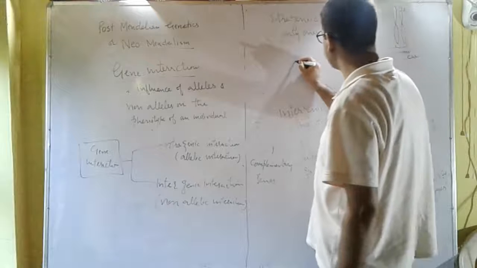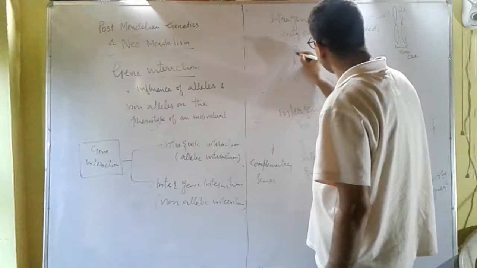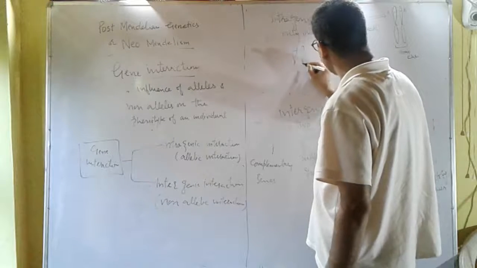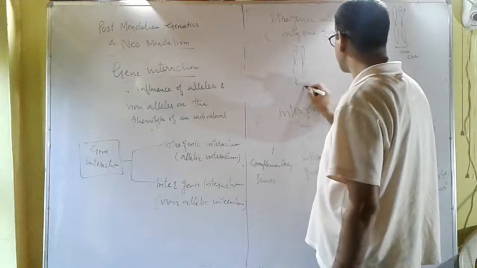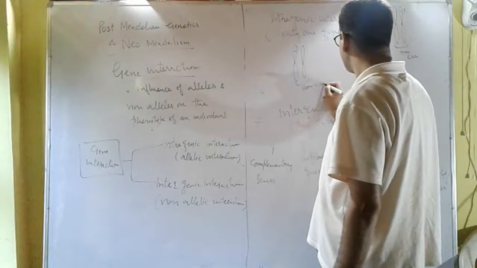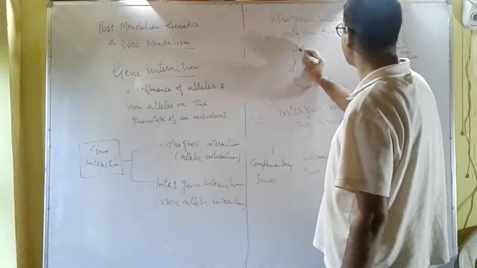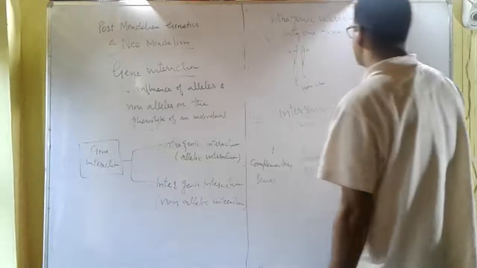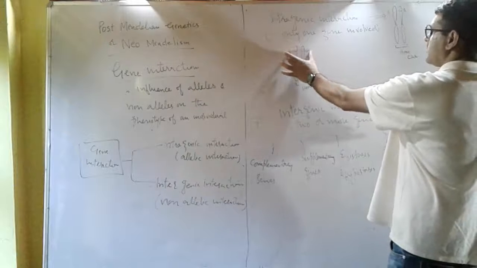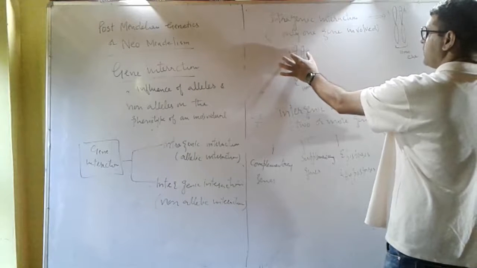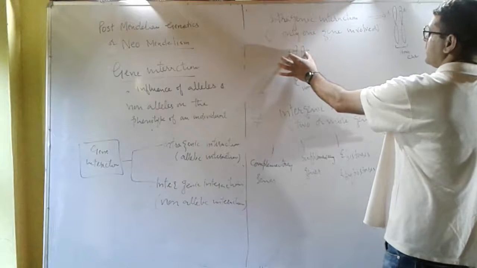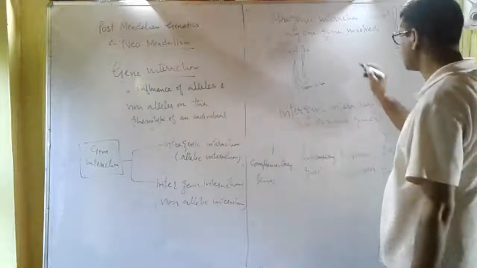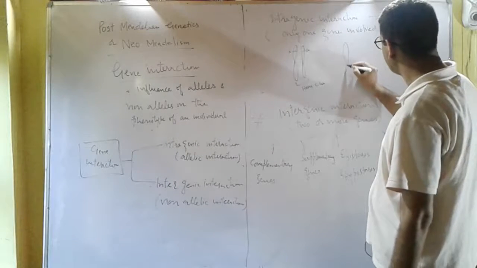Also, it can be like this. These are homologous chromosomes. An interaction between these two alleles, for example small a, is also an intragenic interaction, that is interaction between the two alleles of the same gene.